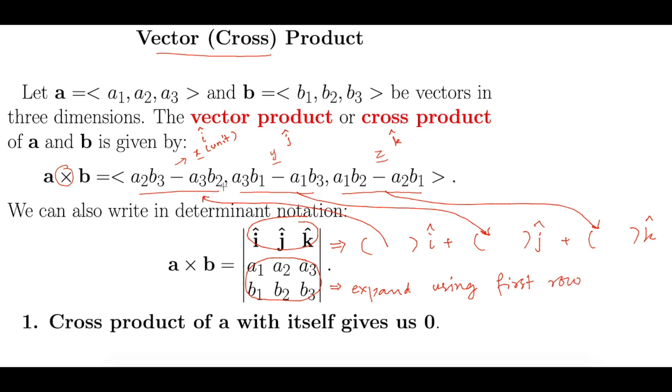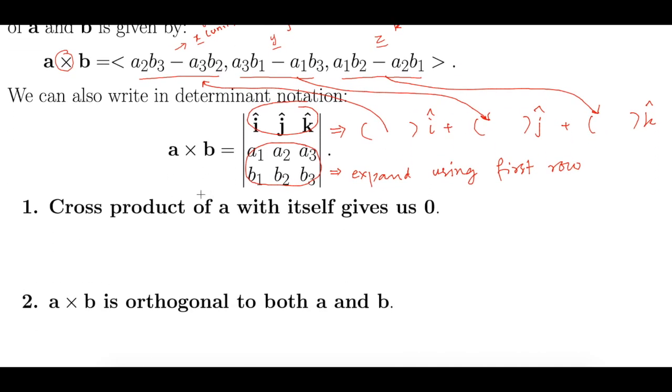Now first of all, what we want to prove is that the cross product of the vector A with itself is 0. So what we want to say is A cross A is equal to the null vector. When I write an underscore under a symbol, it means it's a vector.